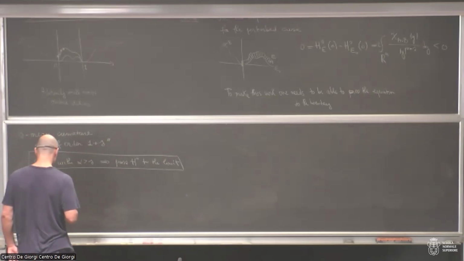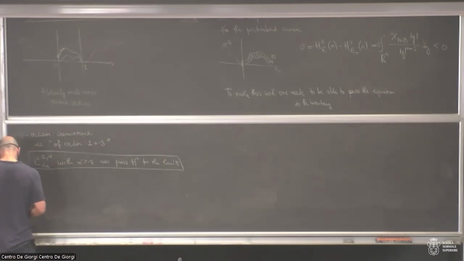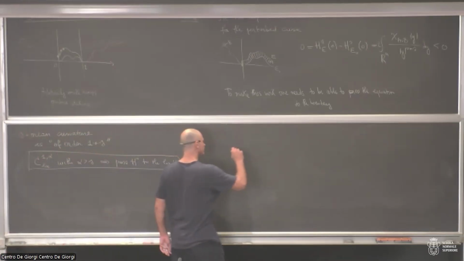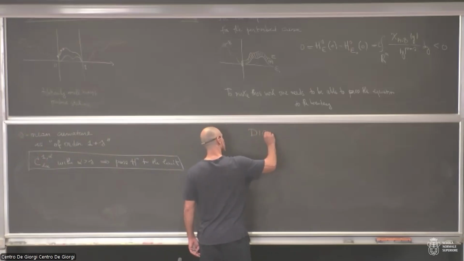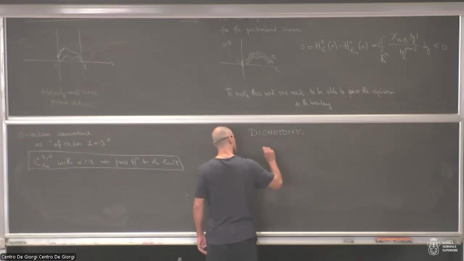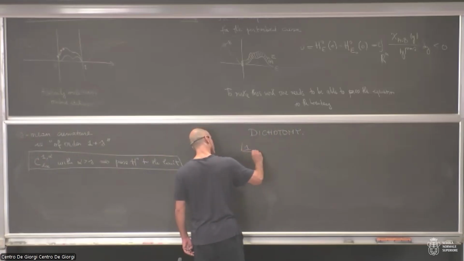This is the case in a suitable sense, in the sense that you can prove that you have a dichotomy. So only two things can happen.